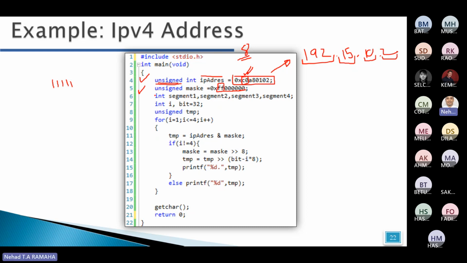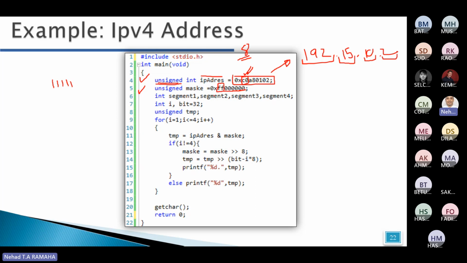No, you can use decimal, you can use any type of number, but the compiler will do the operation bitwise, okay?